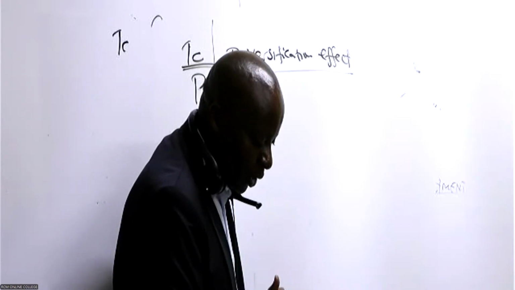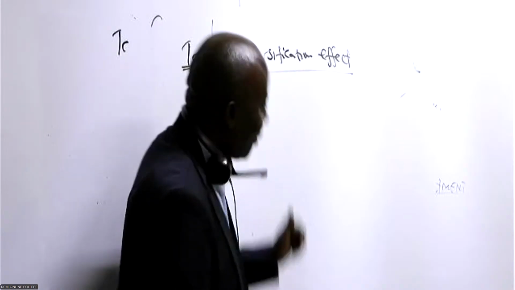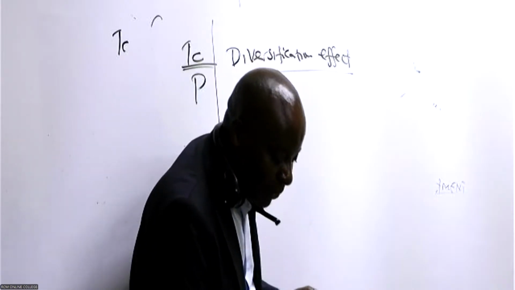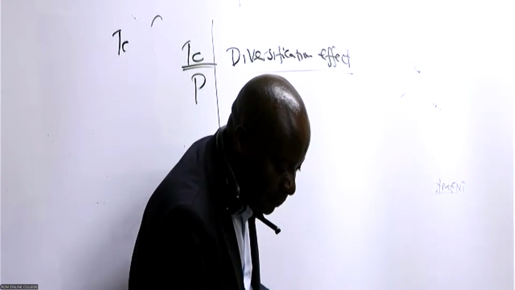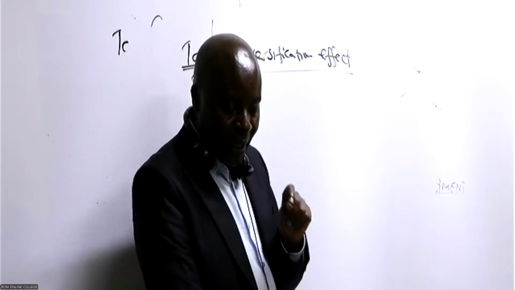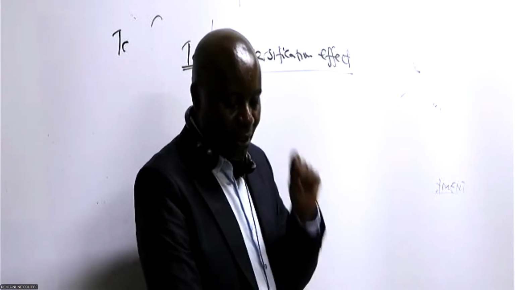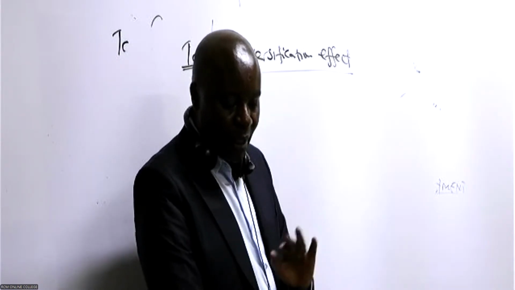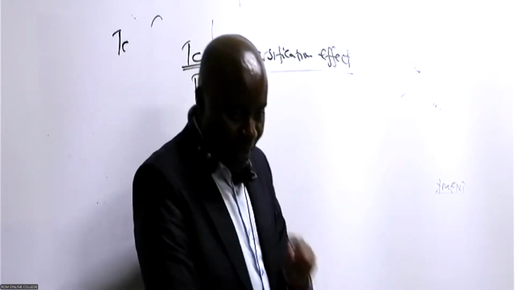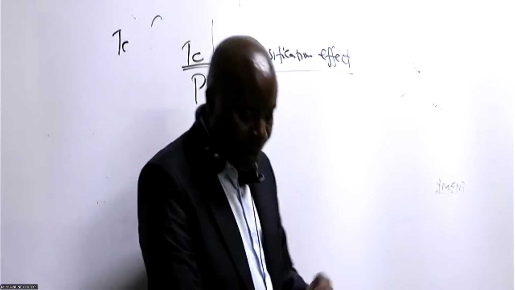Now, with your permission, ladies and gentlemen, let me repeat what is written under the diversification effect. It's important. Portfolios that are well diversified show similar Sharpe and Treynor rankings, and portfolios that are poorly diversified show different rankings.